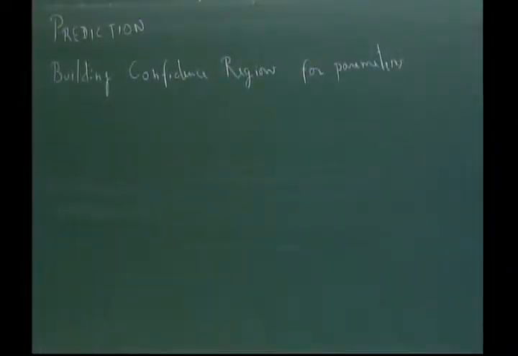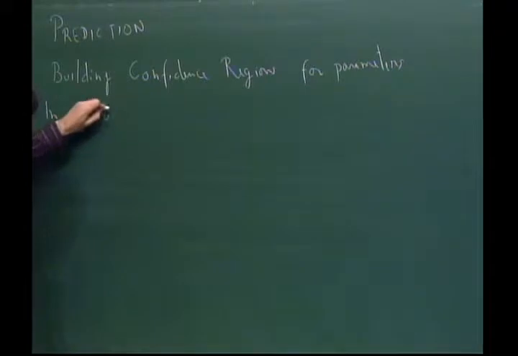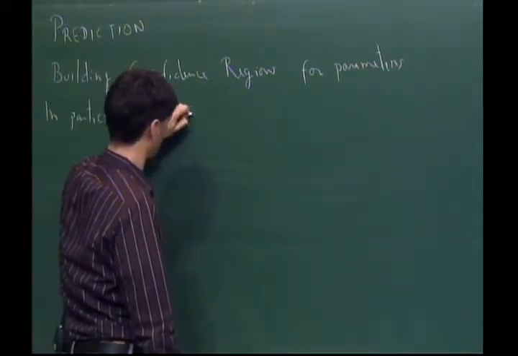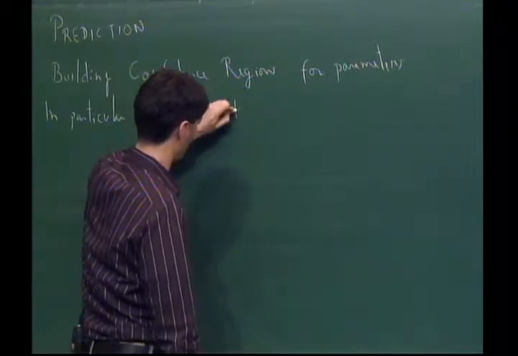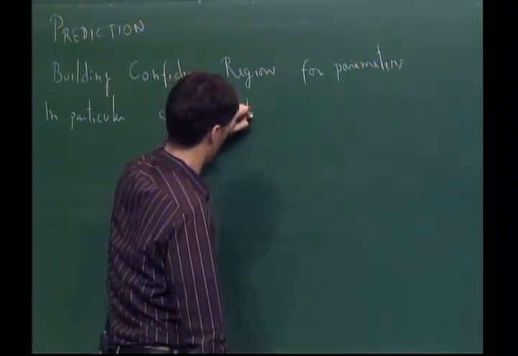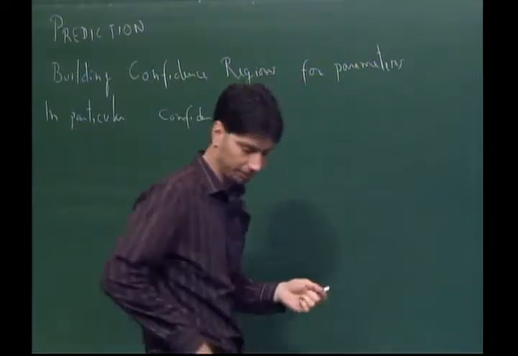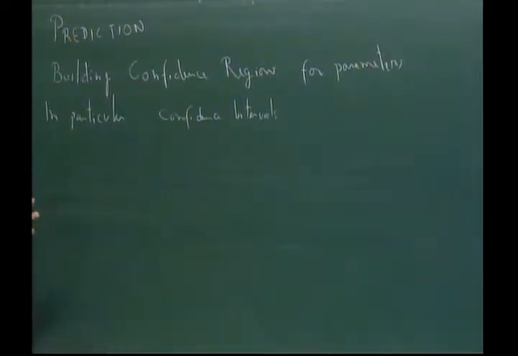So I want to be able essentially to build confidence intervals in this high-dimensional setting. This is a slightly different problem, and I want to try to understand what are the issues associated with that as we go.